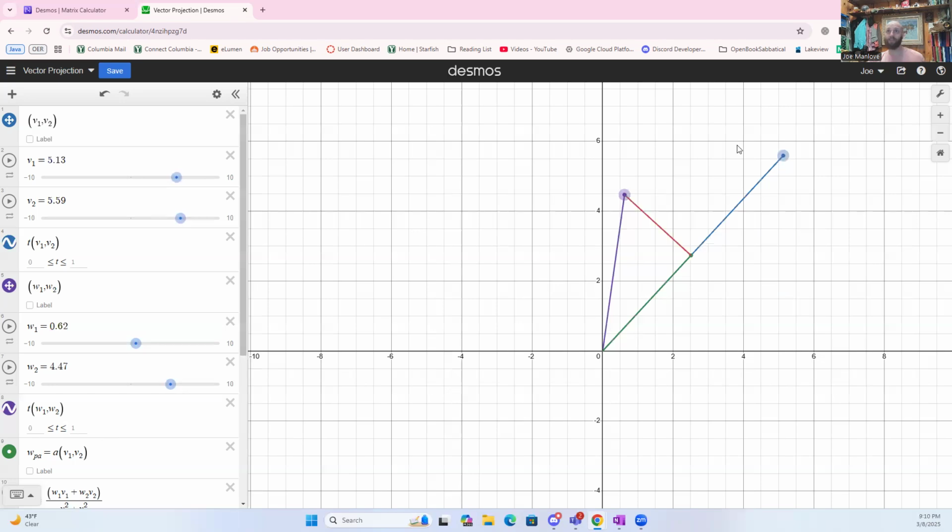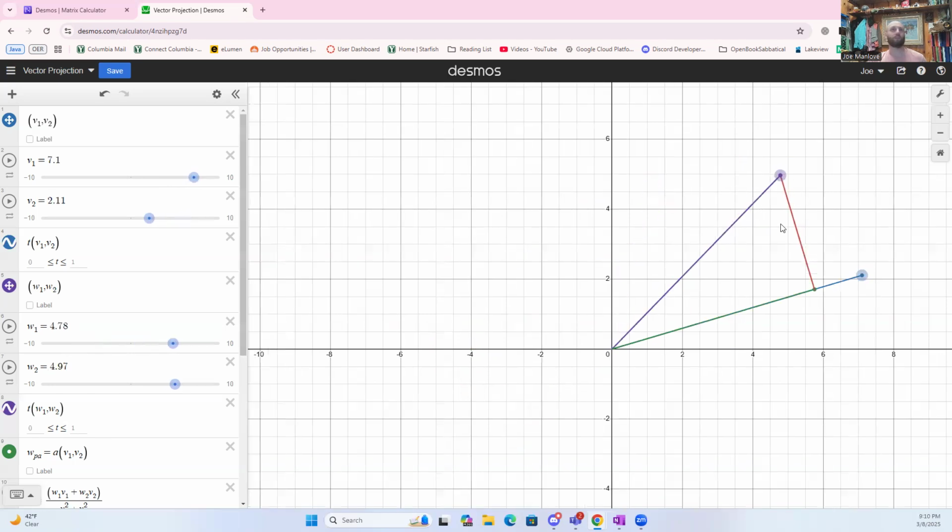Feel free to look at it yourself and confirm that. But notice the way this thing works. If I drag this w pointed in the opposite direction, my little green vector is anti-scaled to this vector v. Go in, play with this if you like. It's a fun little toy.